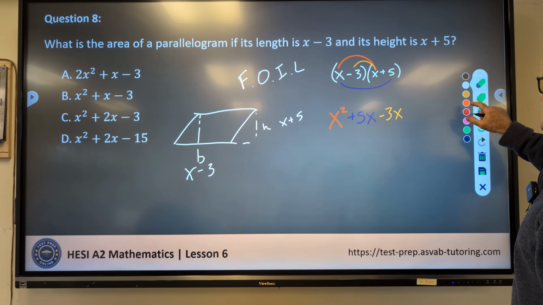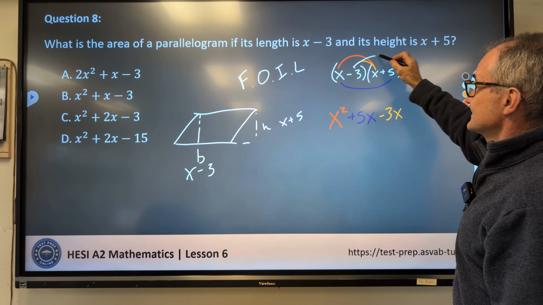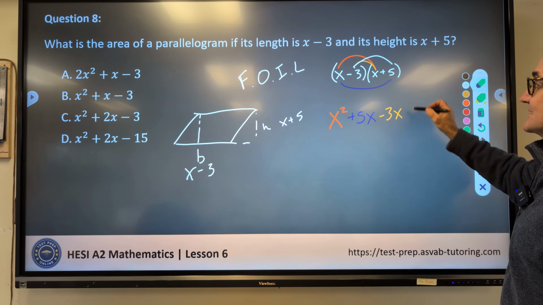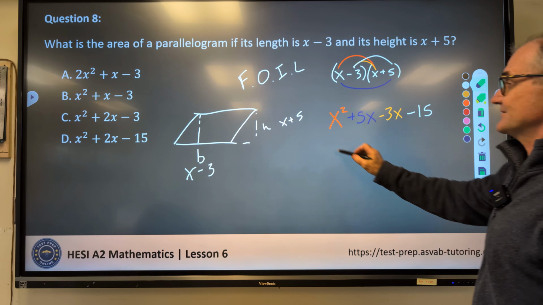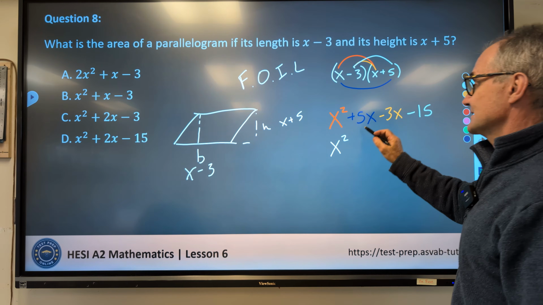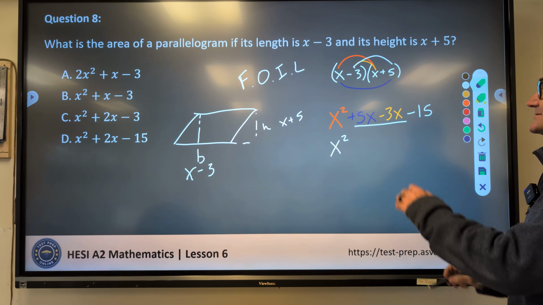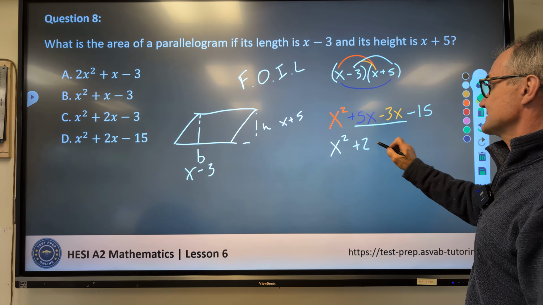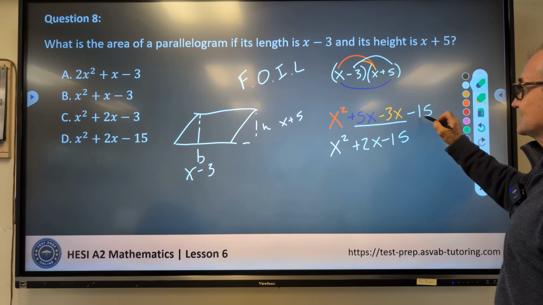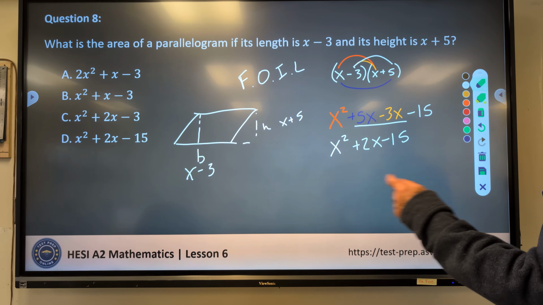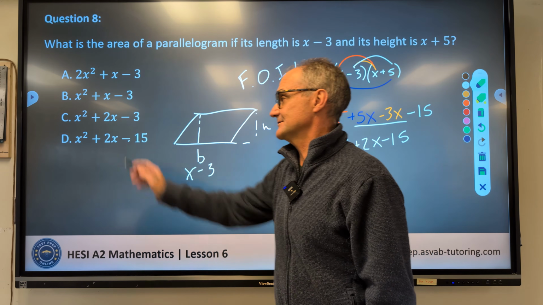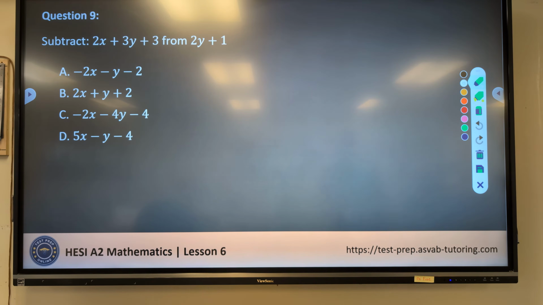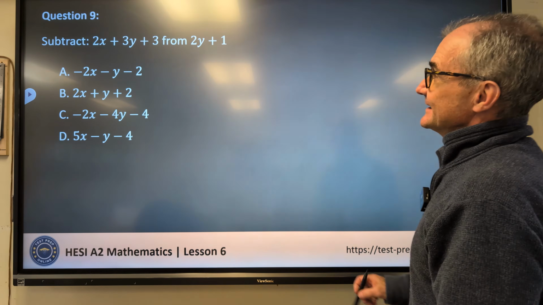And then I'm going to multiply the last terms together. Negative 3 times 5 is negative 15. So I have that x squared. Combining similar terms, 5x minus 3x is 2x, minus that 15 right there. I have x squared plus 2x minus 15. Answer D right there.